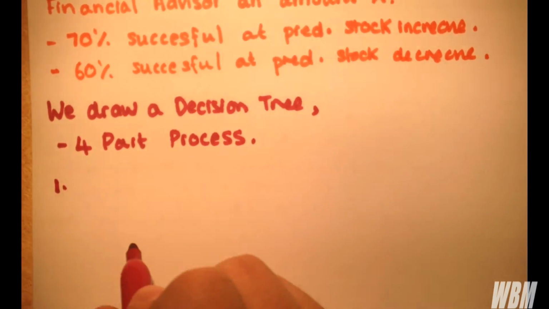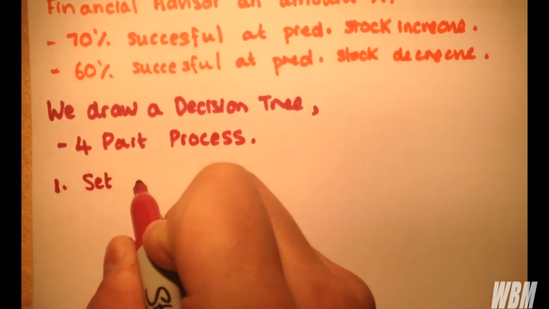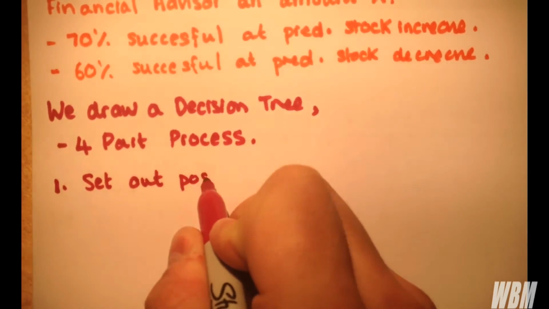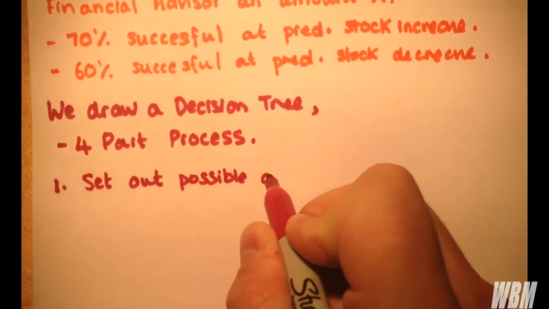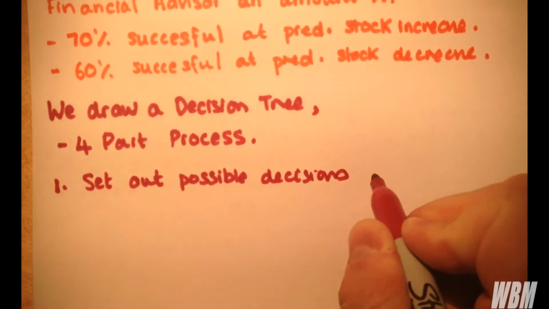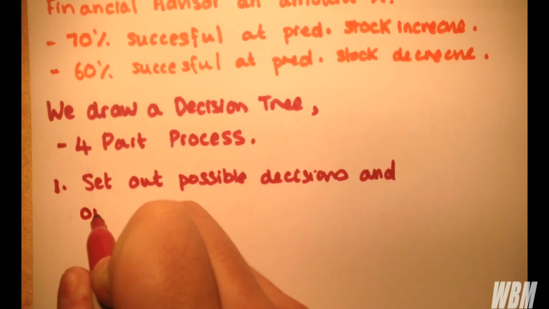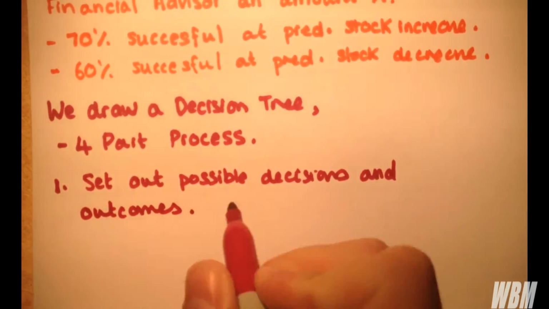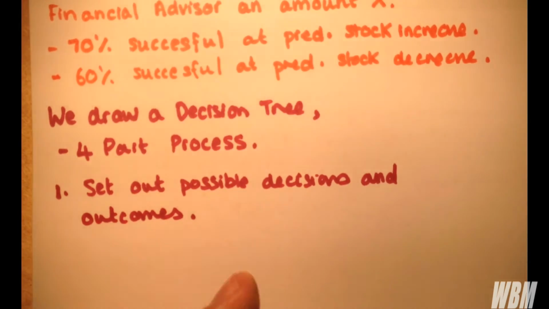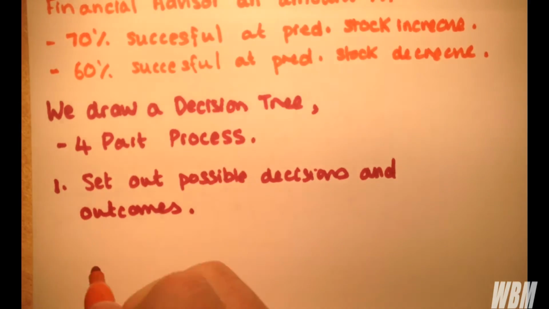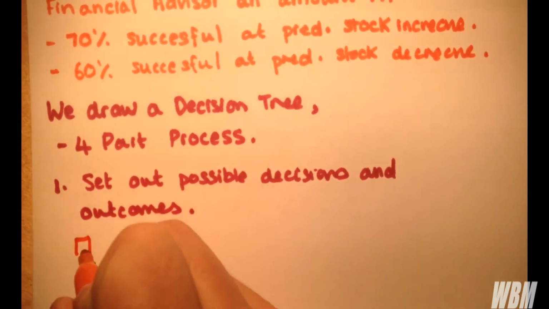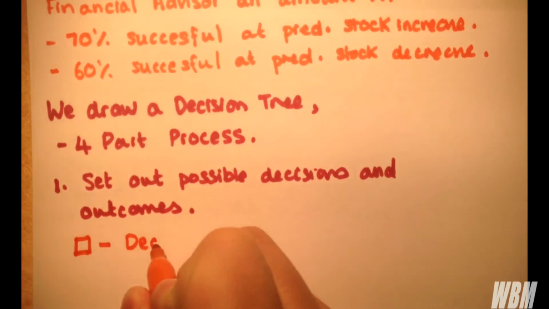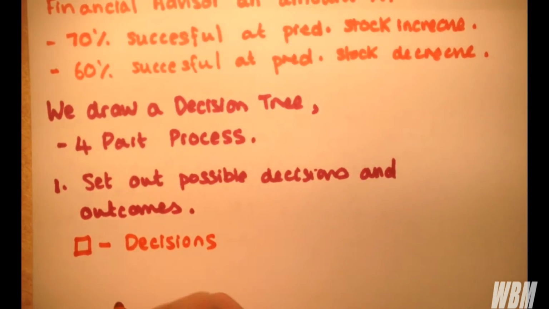Set out the possible decisions and outcomes. For this, in terms of notation to do with the decision tree, it's important to note that decisions are square boxes and variable outcomes are circular.